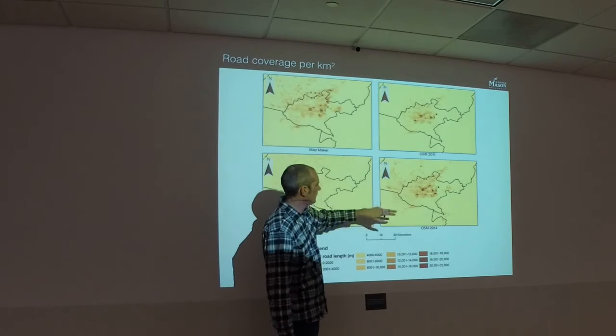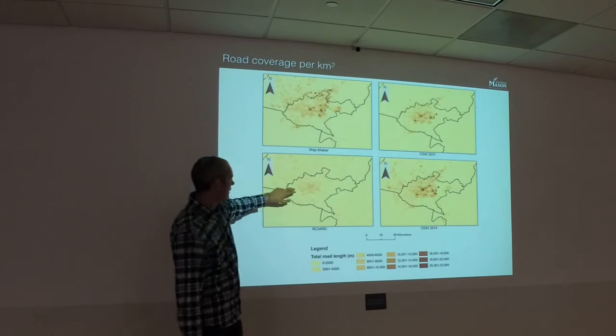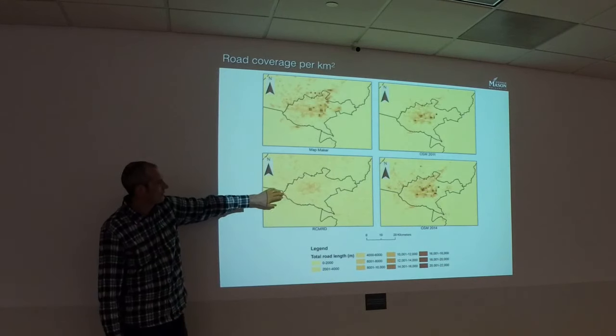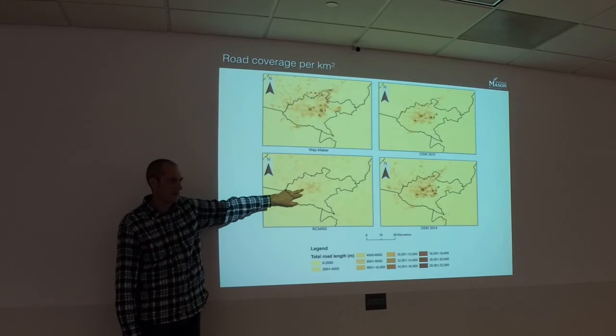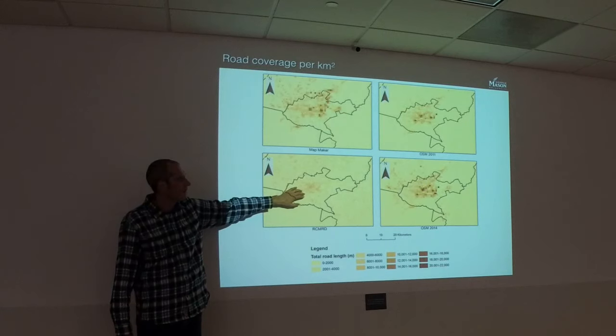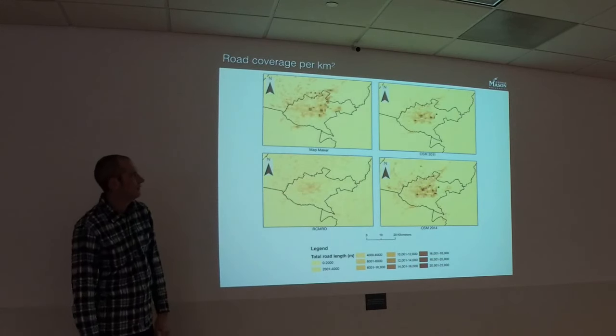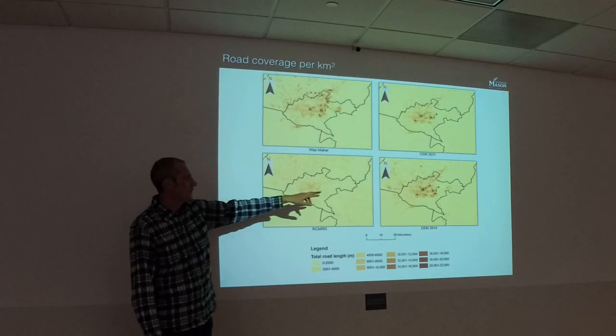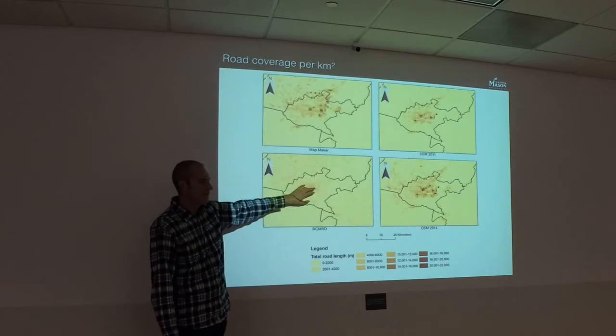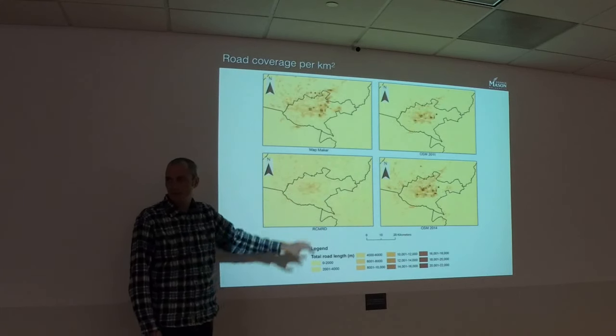Same for OSM in both years, and for RCMRD you can see less density of roads. So it suggests, just from this picture, that the crowd is mapping the roads at a finer scale than what the government's providing.